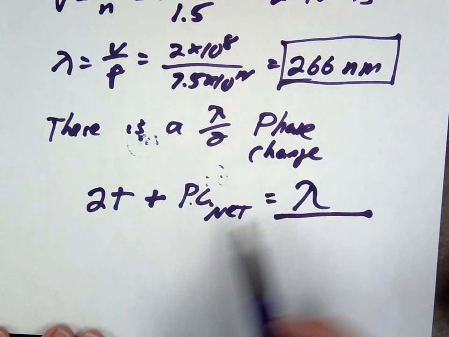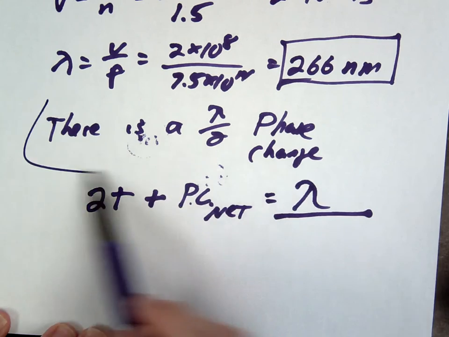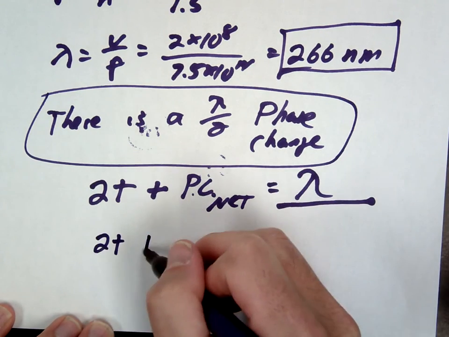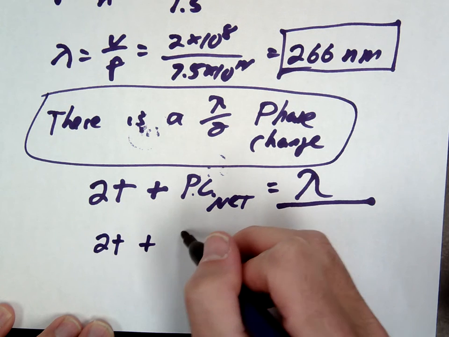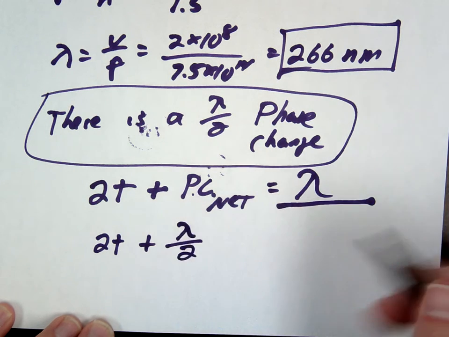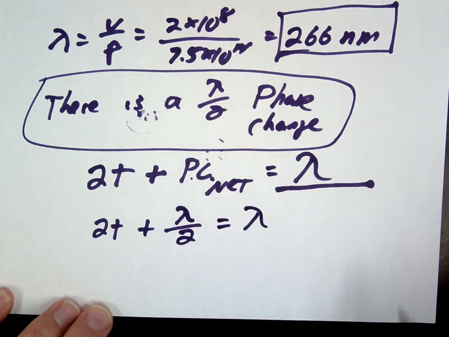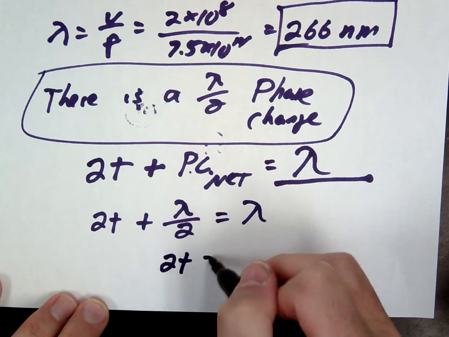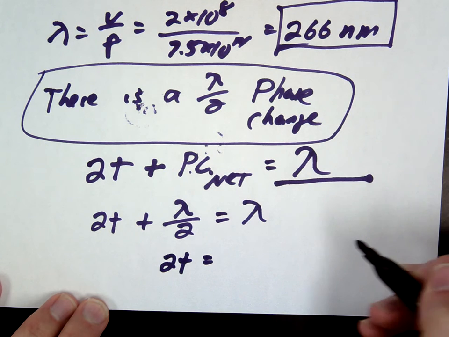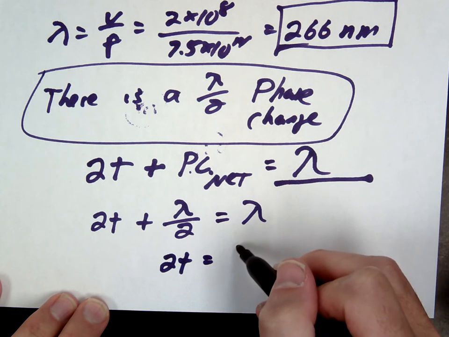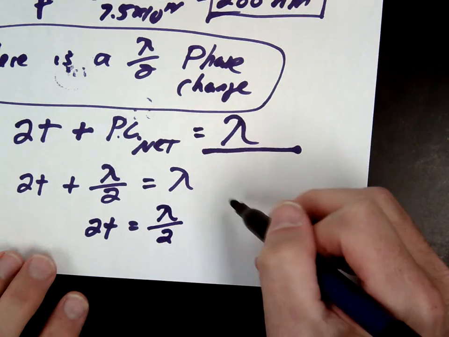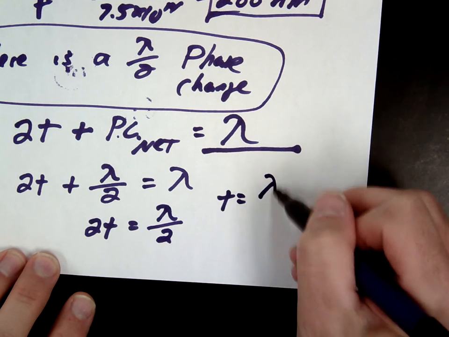So we just calculated the net phase change was lambda over 2. So we're going to go 2t plus lambda over 2 should equal lambda. 2t therefore now equals what? Subtract that. Lambda over 2. And the thickness is lambda over 4.